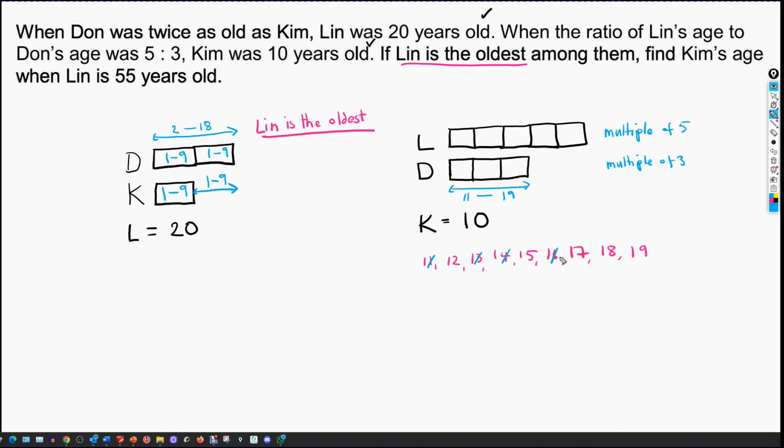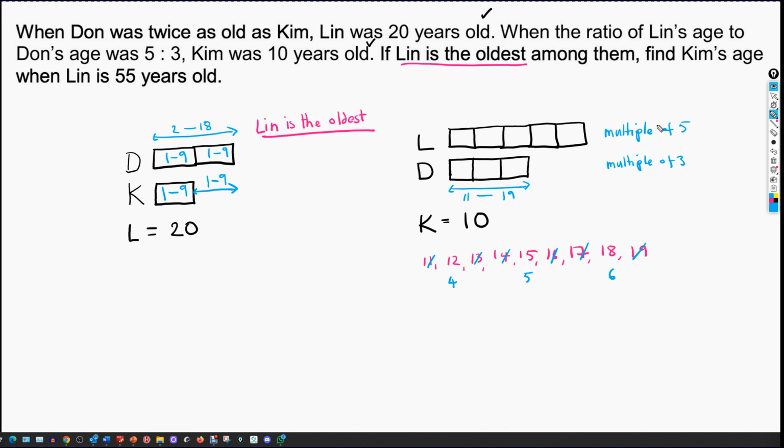Well, that leaves us with those. Okay. So this is 4 times 3, 5 times 3, and 6 times 3. Okay. So that means that if this was true, if Don was 12 years old, that each of these would have a value of 4.